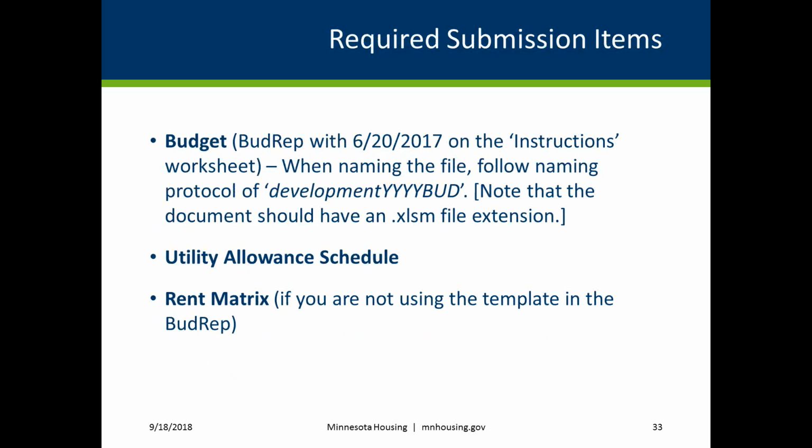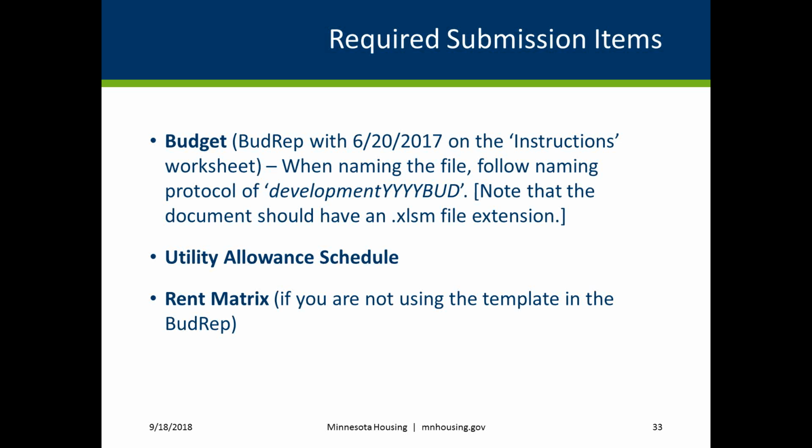You will need to submit the following to Minnesota Housing. The Rep Workbook that shows the date of 6/20/2017 on the instructions worksheet. When naming the file, follow the naming protocol of Name of Development 2019 BUD.